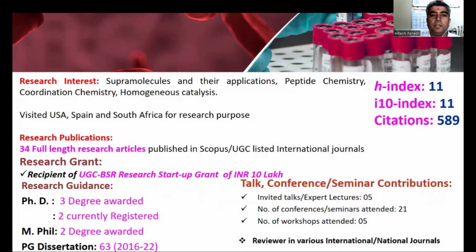My research interests are supramolecules and their applications, peptide chemistry, coordination chemistry, and homogeneous catalysis, and I visited USA, Spain, and South Africa for research purposes. I published 34 full-length research articles in UGC listed international journals, and am a recipient of UGC BSR Research Startup Grant of Rs 10 lakh. 3 PhD students and 2 MPhil students have already been awarded degrees under my supervision, and 2 are currently working in the laboratory.